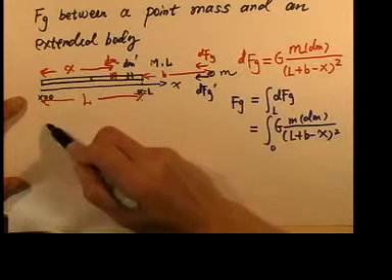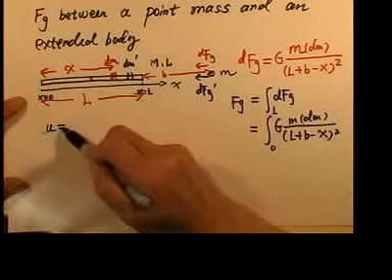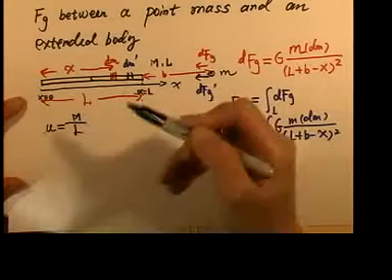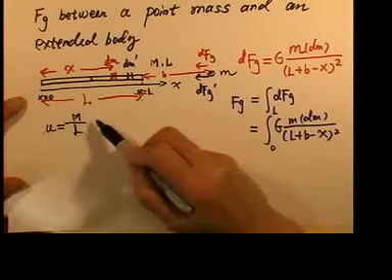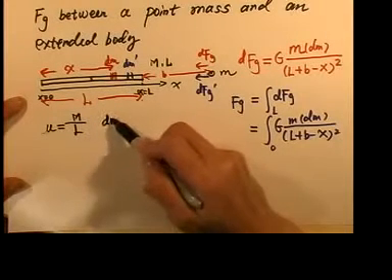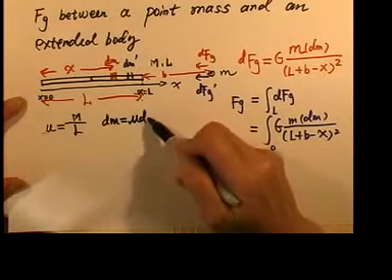The one-dimensional density, we usually use the little mu, equals the total mass of the ruler divided by the total length of the ruler. Since it's uniform, the size we cut is dx. Therefore, dm equals the density times its size, dx.